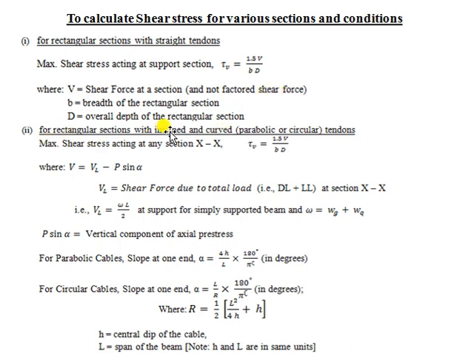For a rectangular section with inclined and curved cables or tendons. So the first one was a rectangular section with straight tendons, and the second one is a rectangular section with curved, parabolic or circular tendons.